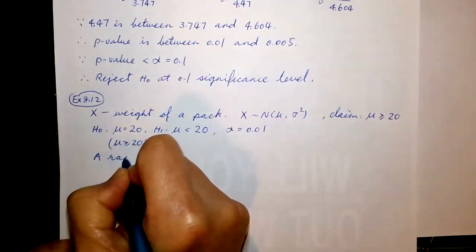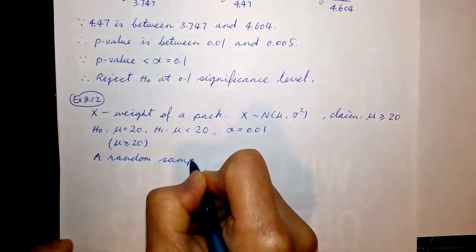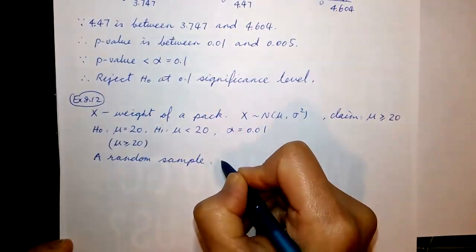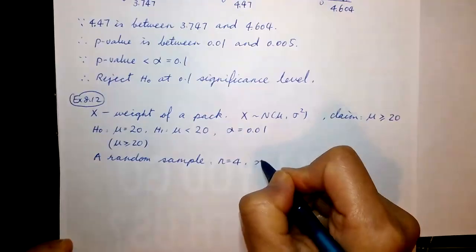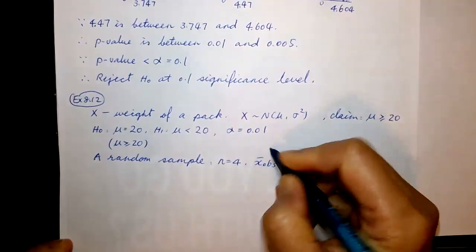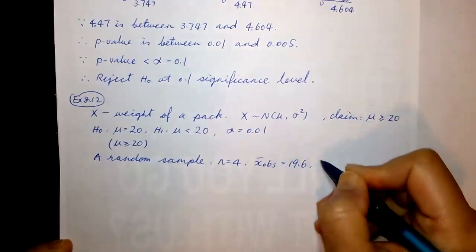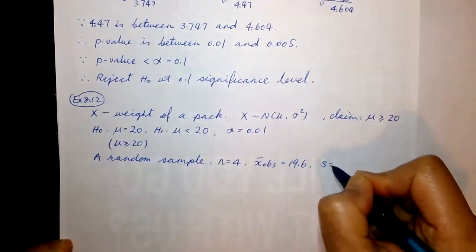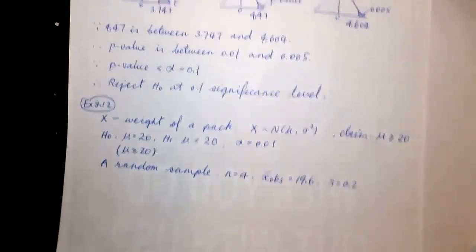Okay, we are doing this test, a random sample. 4 is the sample size. The average weight of the 4, standard deviation of the 4 is this. Right? This is already a complete setup, right?